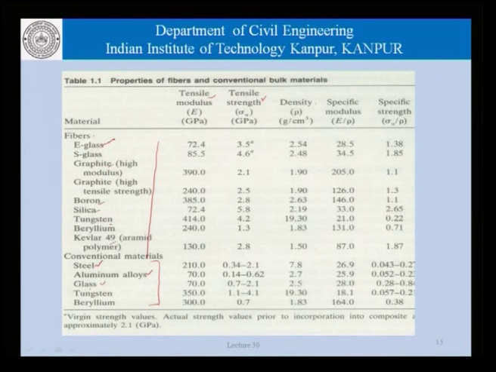So, if we see for steel, for example, the density is 7.8 and the modulus of elasticity is 210 GPa. Now, compared to these two, if we look at e-glass, the density is just 2.54 and the modulus of elasticity is 72.